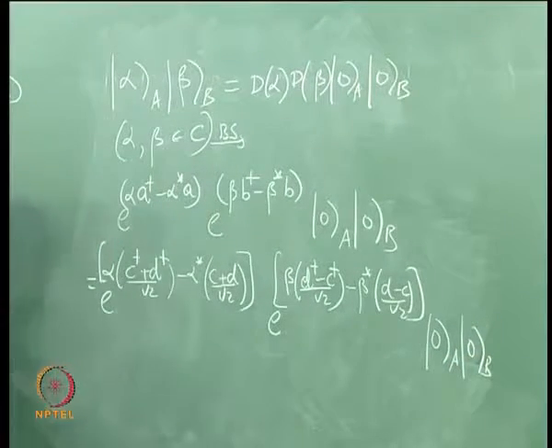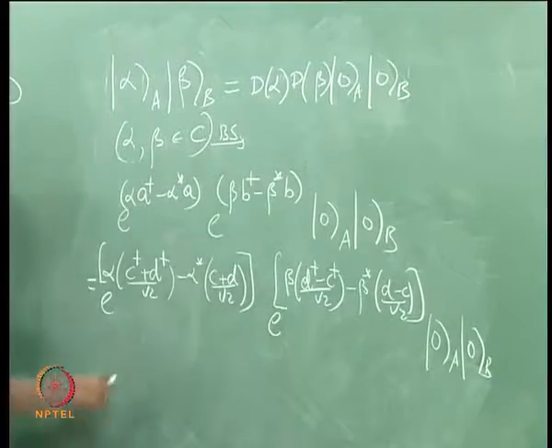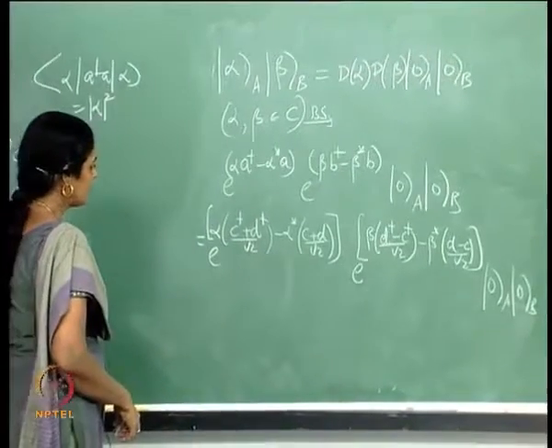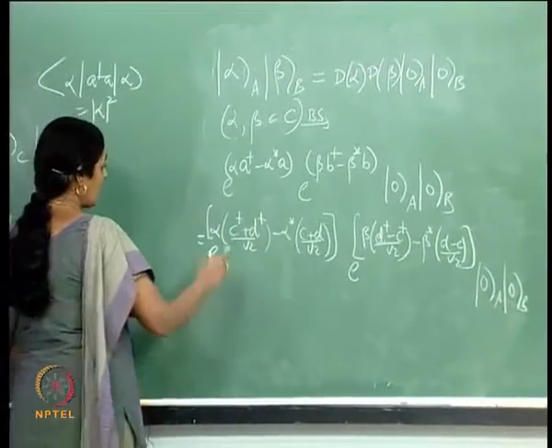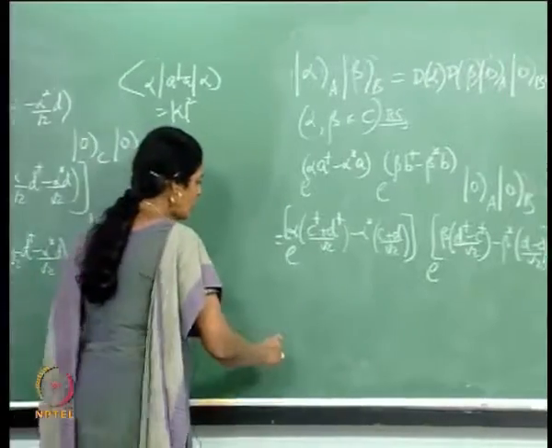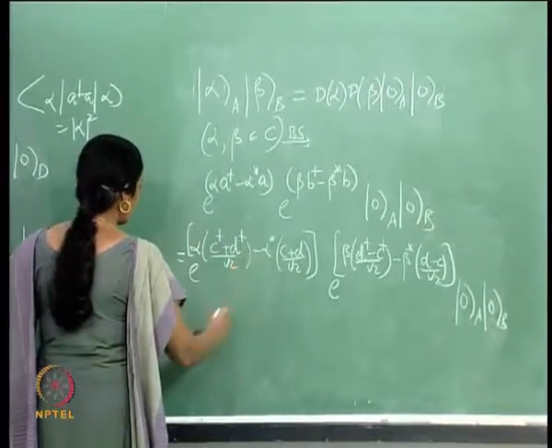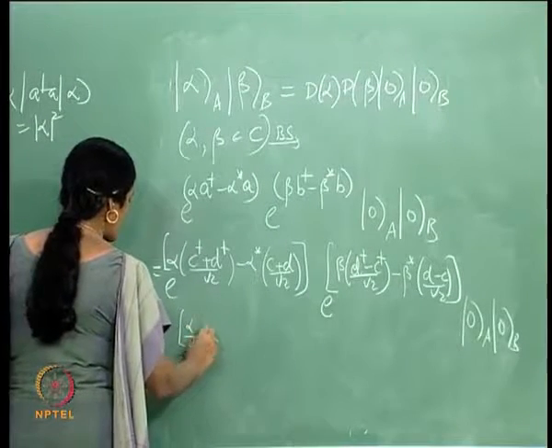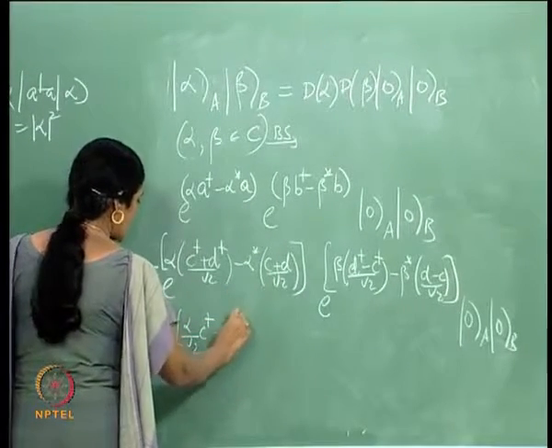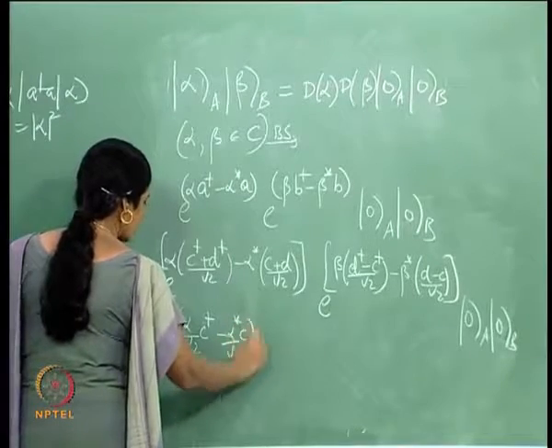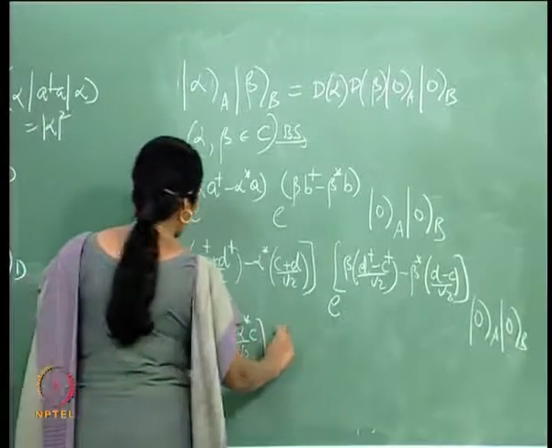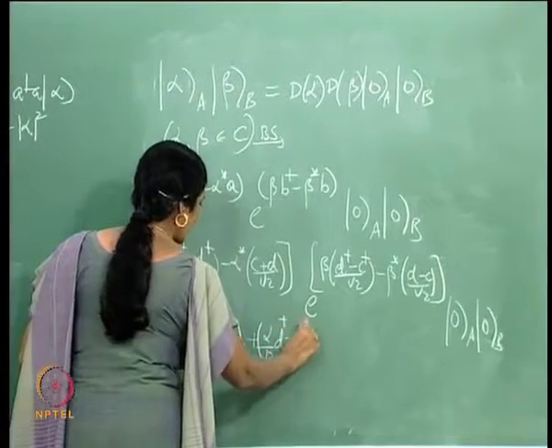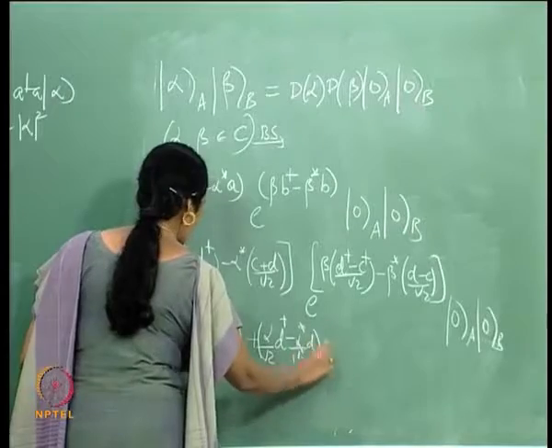Now, it is clear that these two objects do not commute with each other. But I could use the following. I could use the fact I can now group terms, for instance. This is e to the alpha by root 2 c dagger minus alpha star by root 2 c plus alpha by root 2 d dagger minus alpha star by root 2 d.